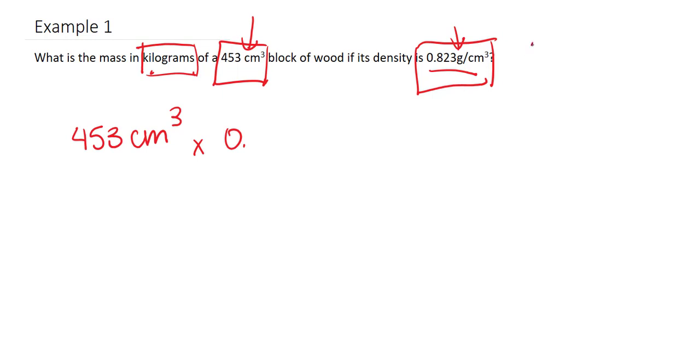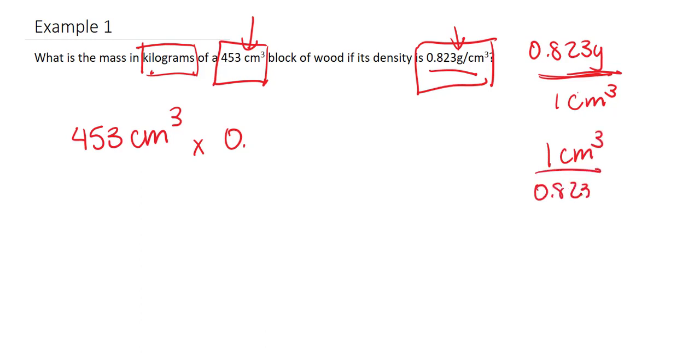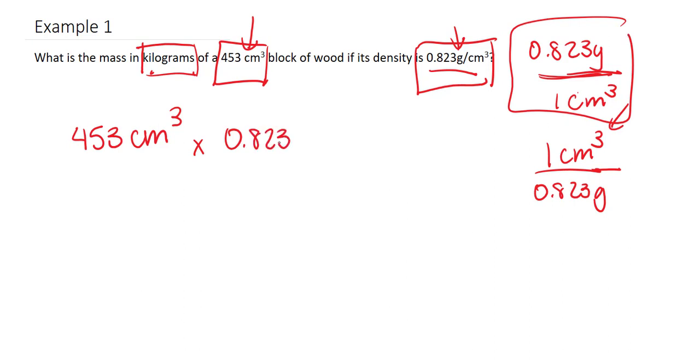So this could be 0.823 grams per, say, 1 cubic centimeters. Or we can flip it and put 1 cubic centimeters on the top and 0.823 grams. It depends on how we're getting rid of our units, right? But we're going to use this one because we need the cubic centimeters on the bottom. So we have grams over 1 cubic centimeters.